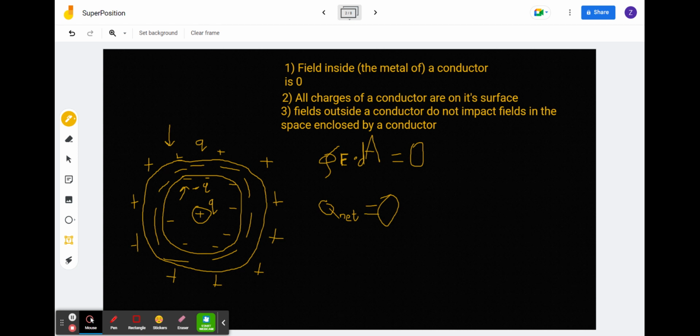The inside has a charge of negative Q, and the outside must have a charge of Q, because Q minus Q is zero. However, if this isn't zero, let's call it Q net, the charge on the outside is actually going to be Q net plus Q.